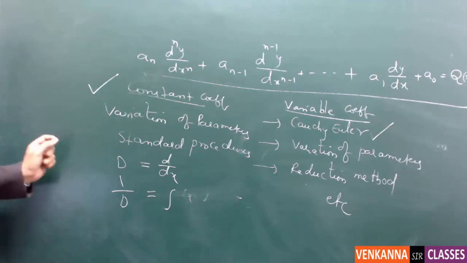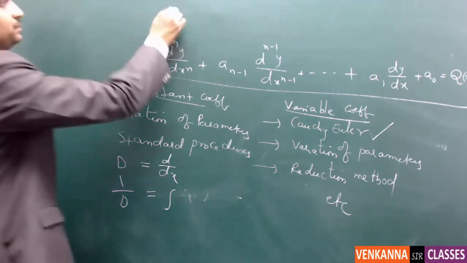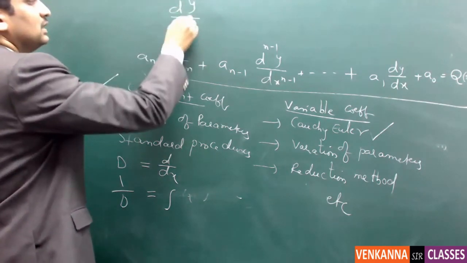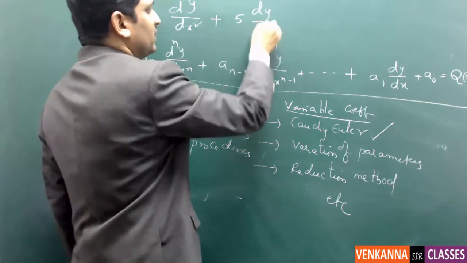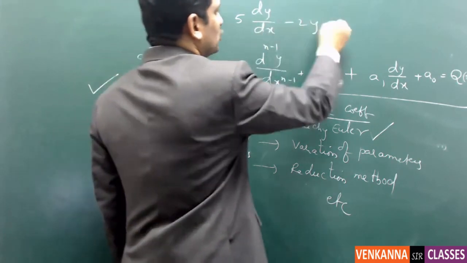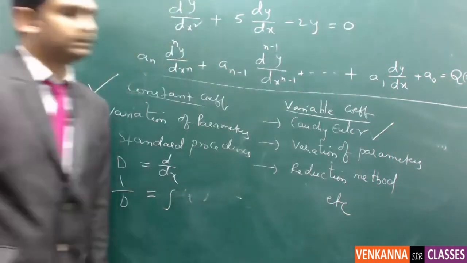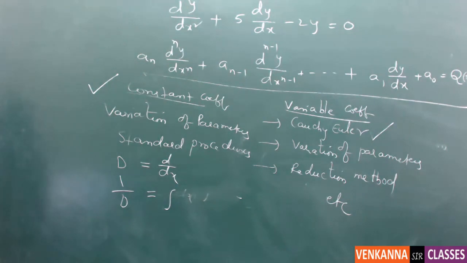So if I have written an equation like d square y by dx square plus 5 into dy by dx minus 2y equal to 0. Since the right hand side is 0, it is a homogeneous differential equation.